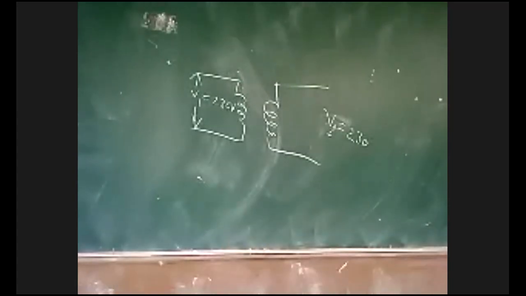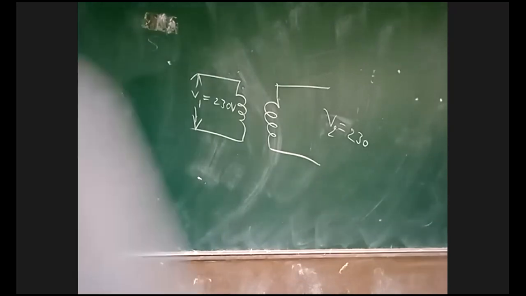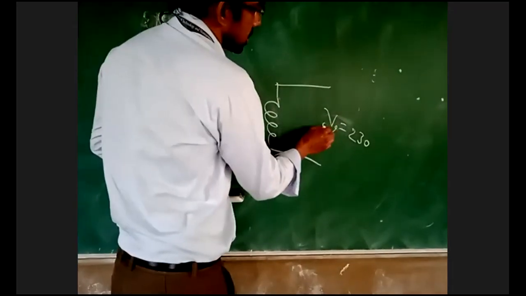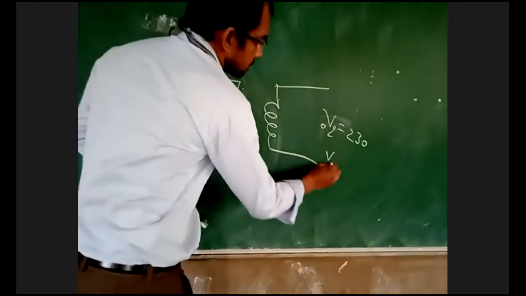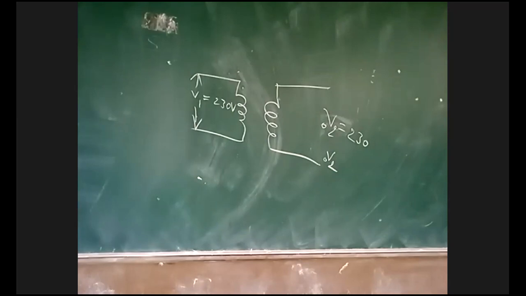If the current drawn by the load is 0, in the open circuit the voltage will be there, 230 volts. I am representing this as V2 naught. V2 naught, where O means open circuit or no load, is the no load voltage.